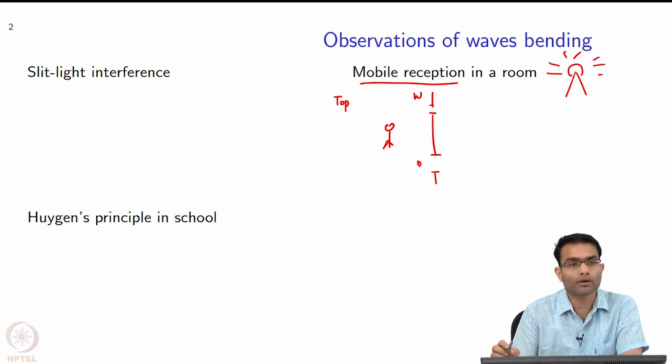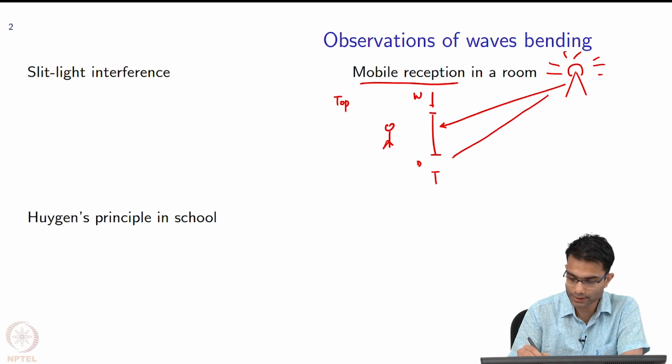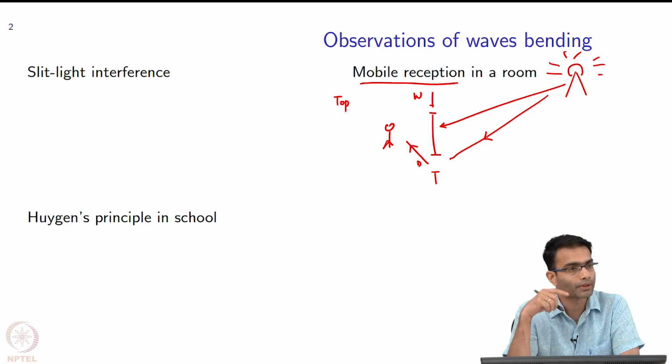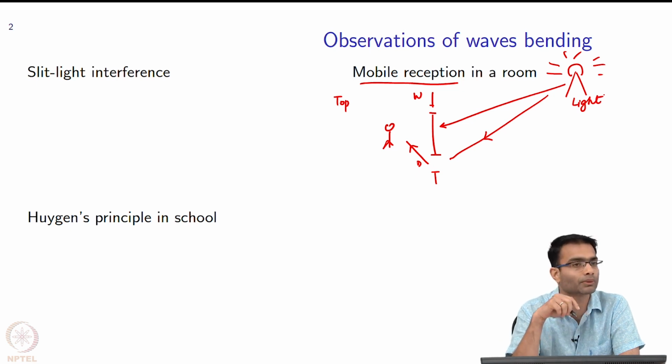Now, there may or may not be a direct line of sight between you and the mobile tower. For example, if I draw the straight line from here to here, it does not go. On the other hand, there is a path that seems to go like this and then come to you over here. If this were light, would you be able to see the tower?